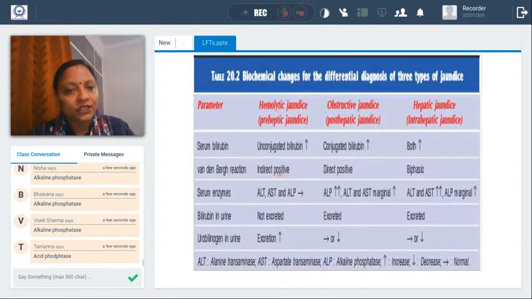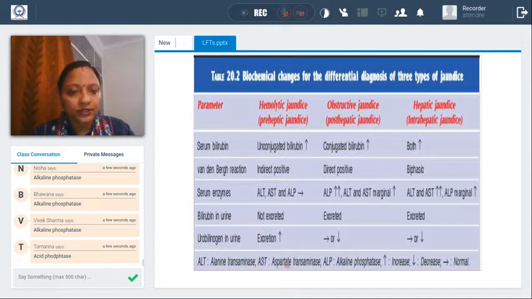This shows indirect positive Van den Bergh reaction, this shows direct positive, and this is biphasic in nature. ALT, AST, ALP normal; ALP increased; and here ALT and AST markedly increased. Bilirubin is not excreted in hemolytic but is in obstructive and hepatic, and urobilinogen is excreted in hemolytic jaundice.